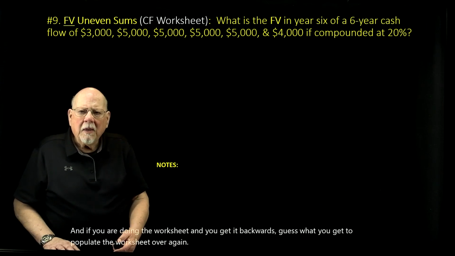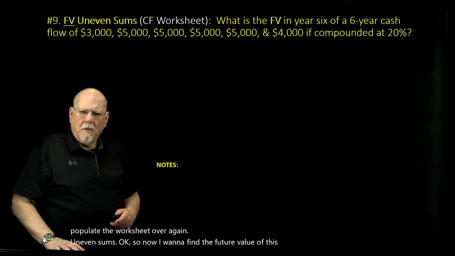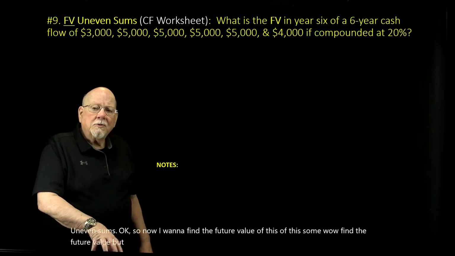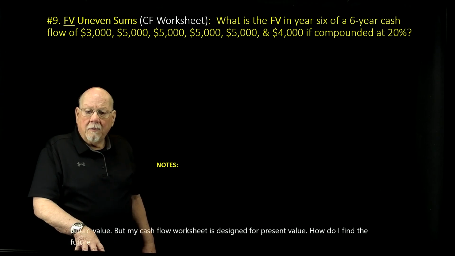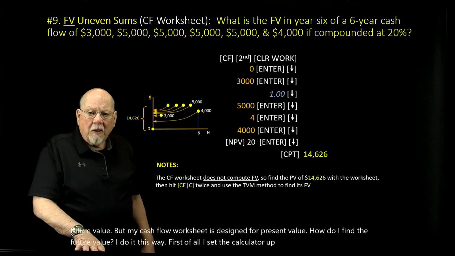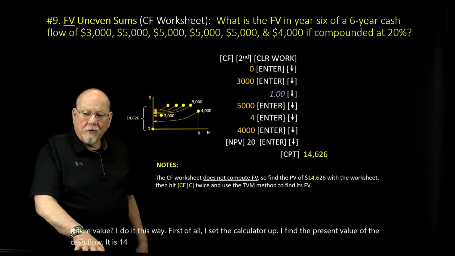Uneven sums. Okay, so now I want to find the future value of this sum. But my cash flow worksheet is designed for present value. How do I find the future value? Well, I do it this way. First of all, I set the calculator up. I find the present value of the cash flow. It is 14,626.